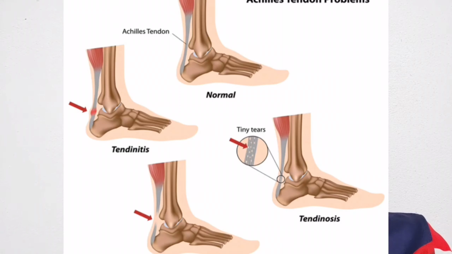If you overuse the tendon and do not wait for it to heal, it can become tendinosis. With even more damage, the tendon can rupture, which means a complete tear of the tendon.